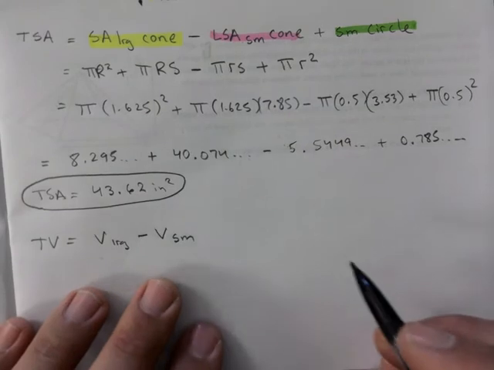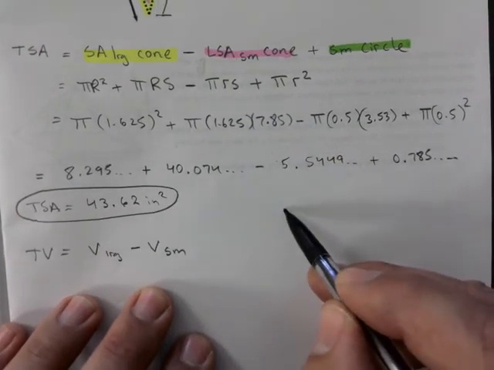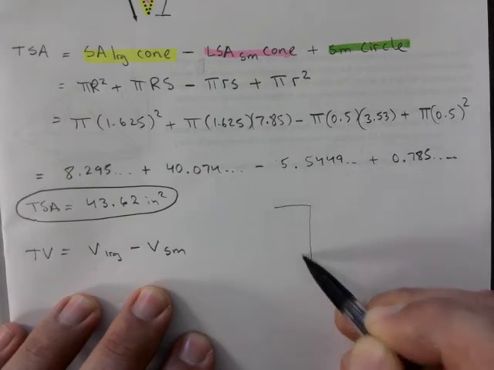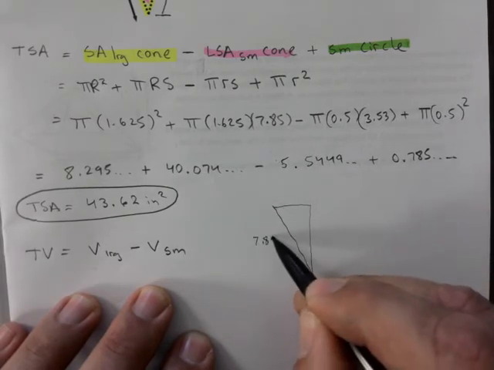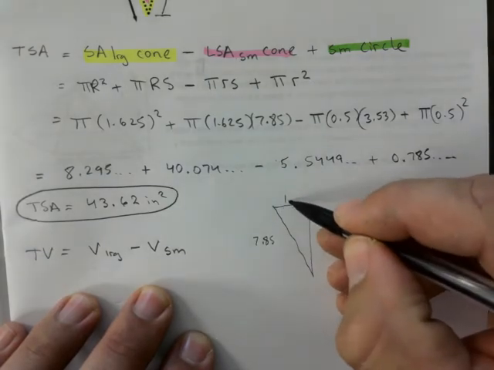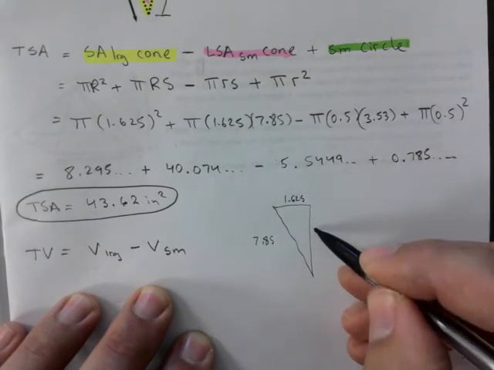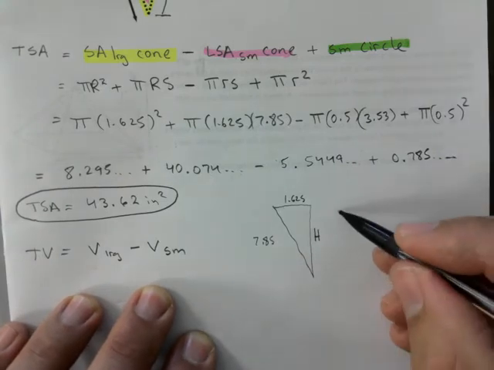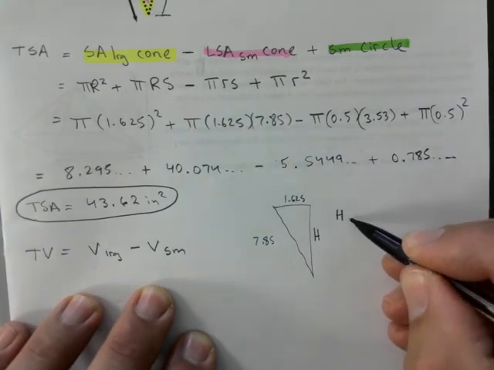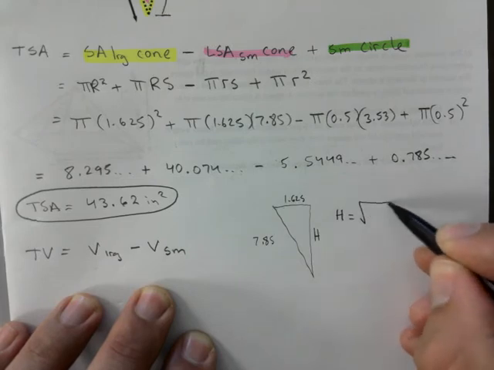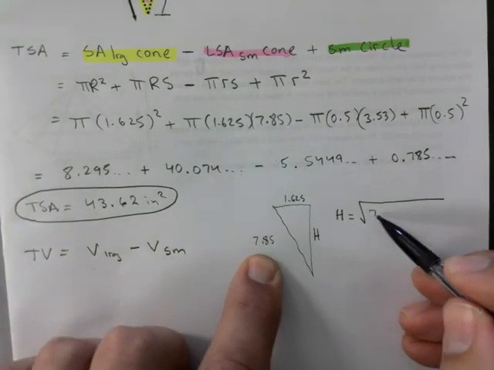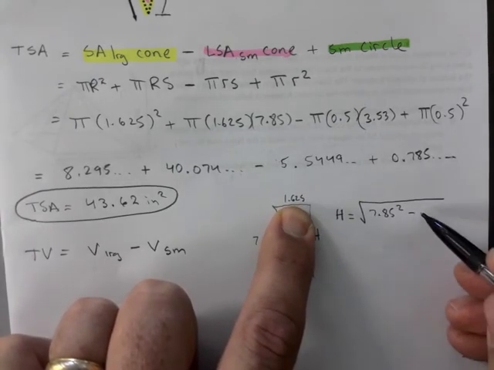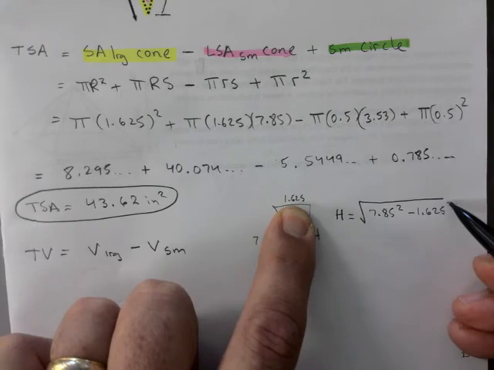Okay. So I'm going to do this on the side here. If I take the large one, I have 7.85 here. I have 1.625, and I need to find capital H, right? When you're missing a leg, what are you going to do? You take the hypotenuse, square it, and you subtract the radius, the other leg.